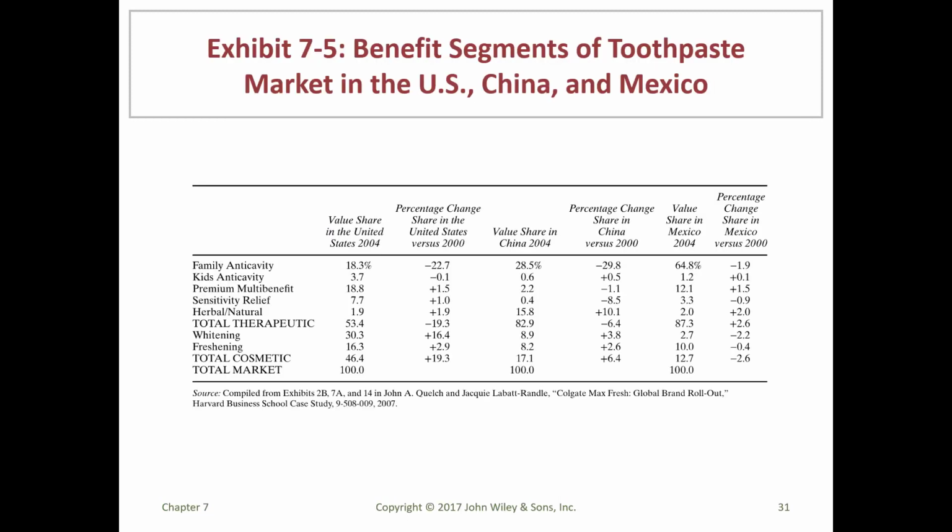And here's another little segmentation, where we're segmenting by the category of product or the benefit. We're splitting toothpaste up into family, kids, multi-benefits, sensitivity, herbal, and also whitening and freshening toothpaste. We look at the share in the different markets and how that share has changed over time, comparing the US, China, and Mexico.